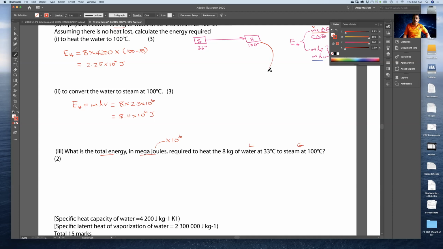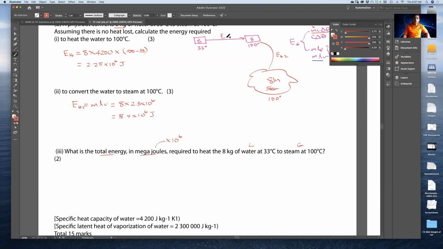It's taking that 8 kilogram and making it 8 kilogram of steam, also at 100. So this required some energy that we calculated, you can call it EH2, and this one is EH.